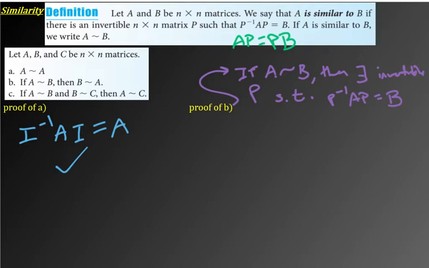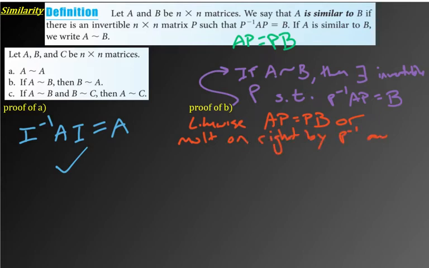And then we can just multiply on the left by P. Likewise, if you multiply on the left by P, you're going to kill the inverse there. Then we'll get AP equals PB, right? Or multiply on the right by P inverse and get A equals PBP inverse.